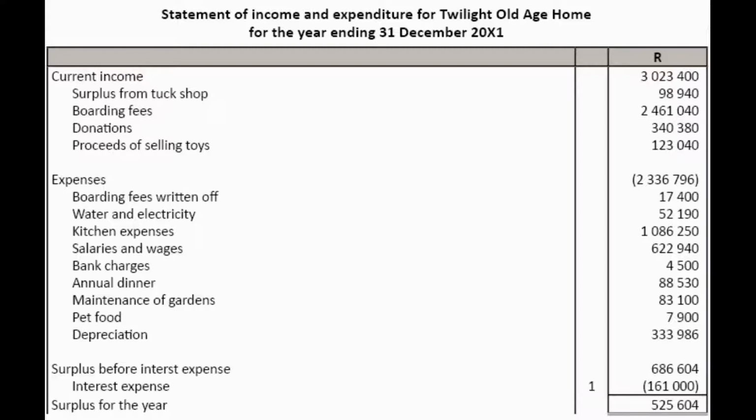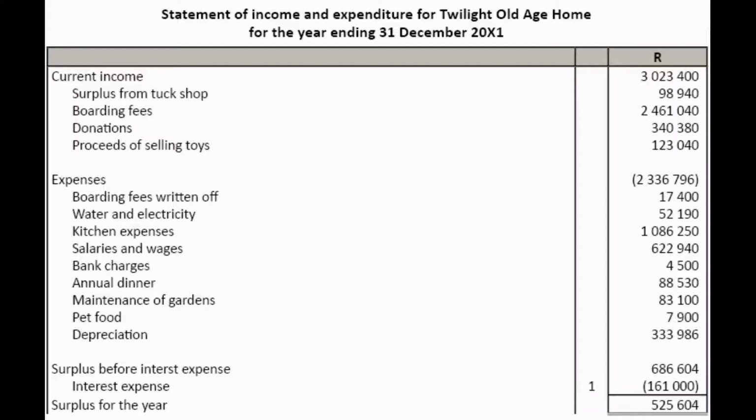And the same with the proceeds of selling toys, 123,040. There was no adjustment for that or for donations, so we just got that amount from the pre-adjustment trial balance. Then we add the income and we get 3,023,400. So that is the total for the current income.